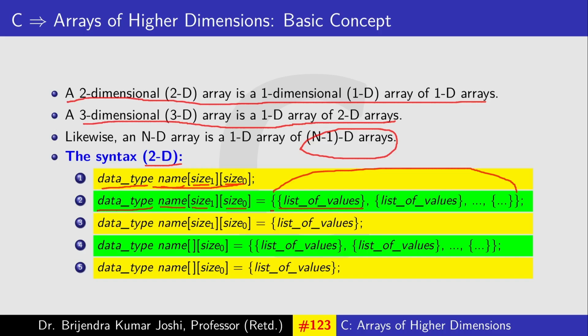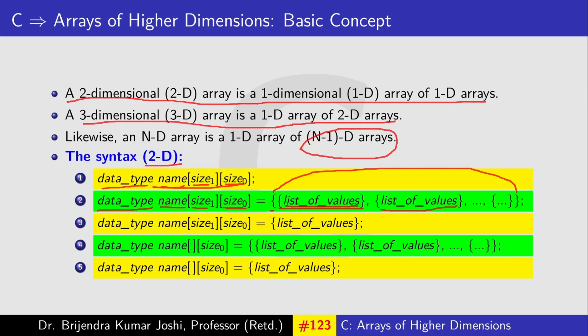So a list of values separated by comma, comma, a list of values separated by comma, and so on. How many such lists of values will there be? It will be equal to this size 1. So we can say these are the rows. So the integer value written here must be the same as the number of times this list of values has been written. And how many elements will be in each list of values? It will be equal to this size 0.